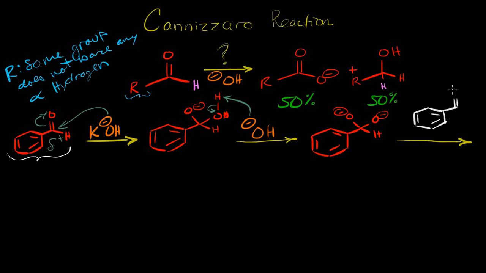We need something to do with these anions, because they're very high in energy and they want to do something. This is the weird part of the Cannizzaro reaction, where we see a hydride shift happening because a bond is being made between carbon and oxygen.